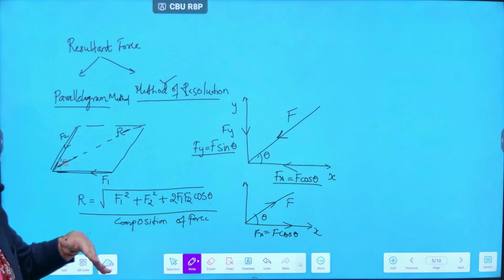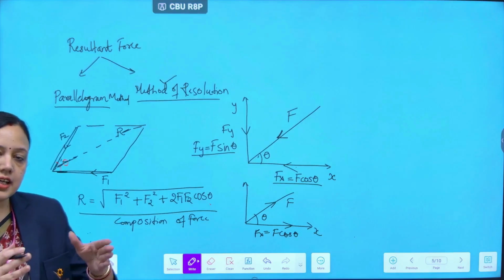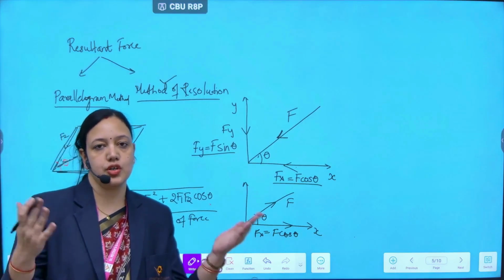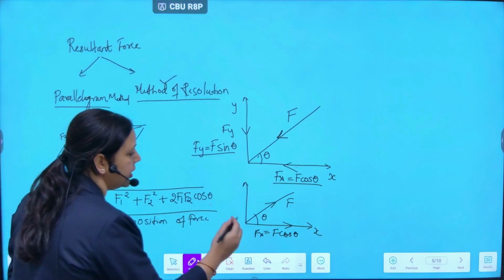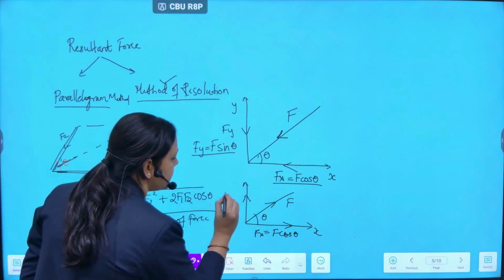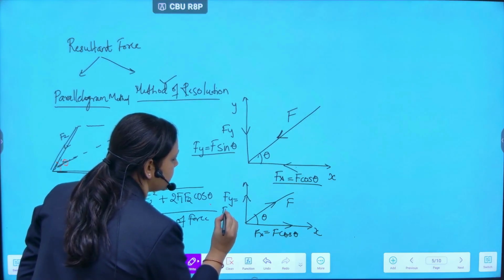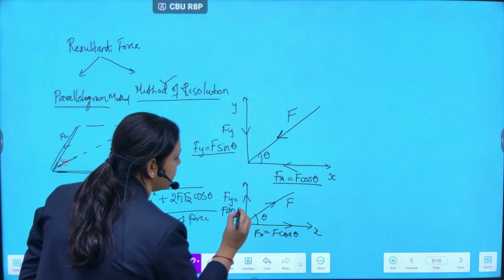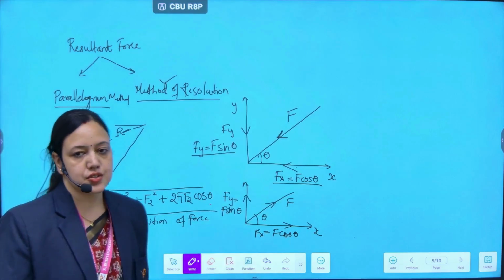So seeing the direction of our force, we have to understand in which direction their respective horizontal and vertical components will be. Here we have our components Fx and Fy. Fy is F sin theta, Fx is F cos theta, with directions.